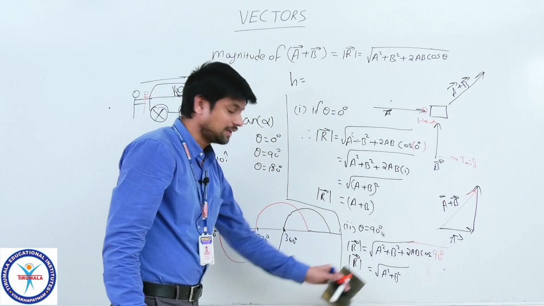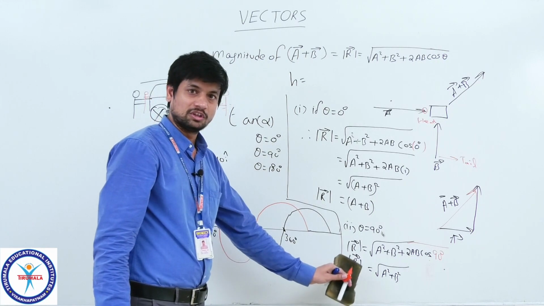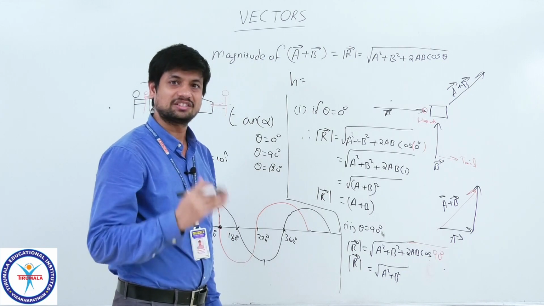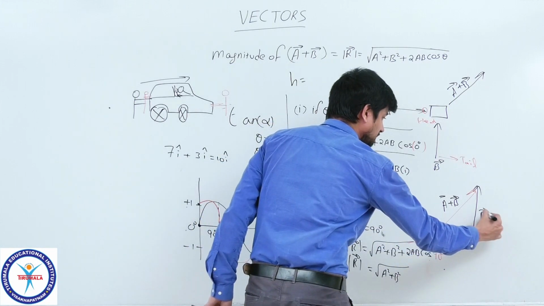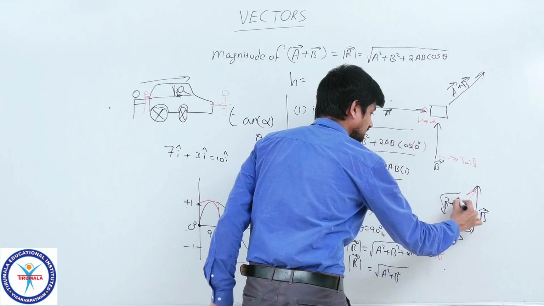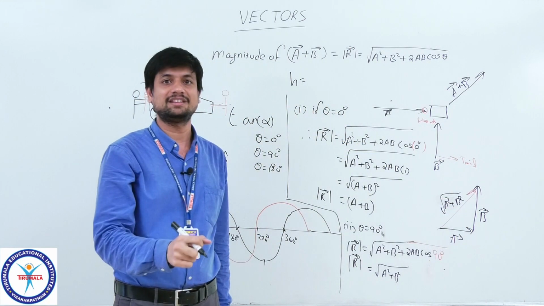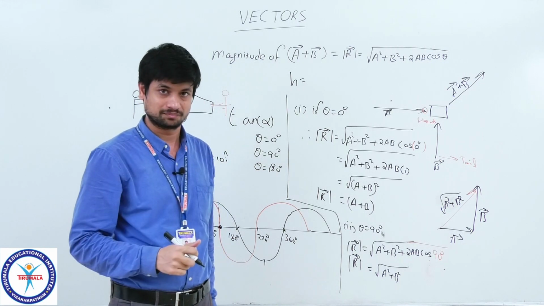That means, whenever you have the right angle triangle, hypotenuse equal to square root of square of side plus square of side. Look at this, a and b. So, if you want to write this one, root of a square plus b square. So, that is why Pythagoras right angle triangle is very important to understand the vectors, to know the magnitude.